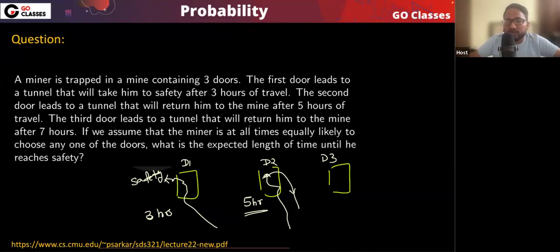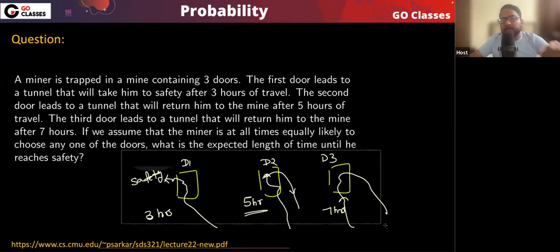The third door leads to a tunnel which returns him to the mine after 7 hours. So after 7 hours, he returns to the mine after wasting 7 hours. If we assume that the miner is equally likely to choose any of the doors, then what is the expected length of time until he reaches safety? Can you tell me what answer you will be getting here?